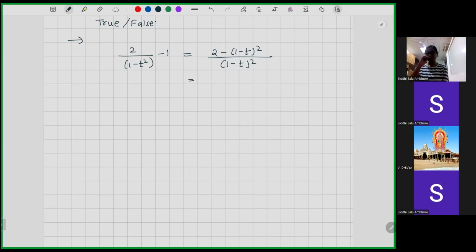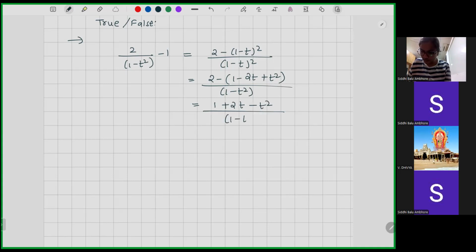So that's why I'm simplifying: 1 minus 2t plus t square divided by 1 minus t square, which is 1 plus 2t minus t square by 1 minus t square. Okay, so this is what we have, right?